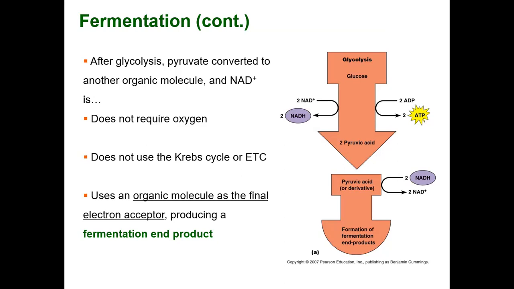Fermentation does not use the Krebs cycle, does not use the preparatory step. And then where the electron flowing from glucose ends up is the organic molecule, which in this case is pyruvic acid.